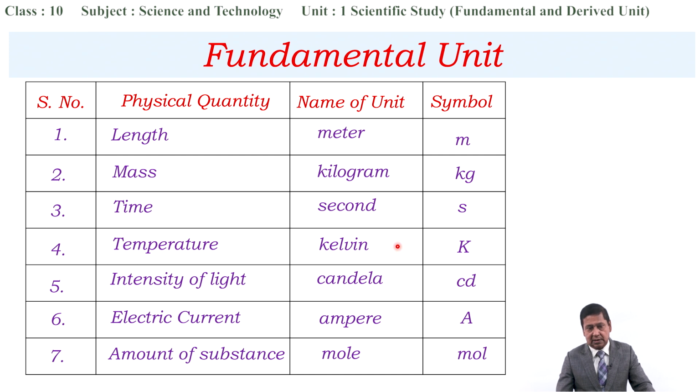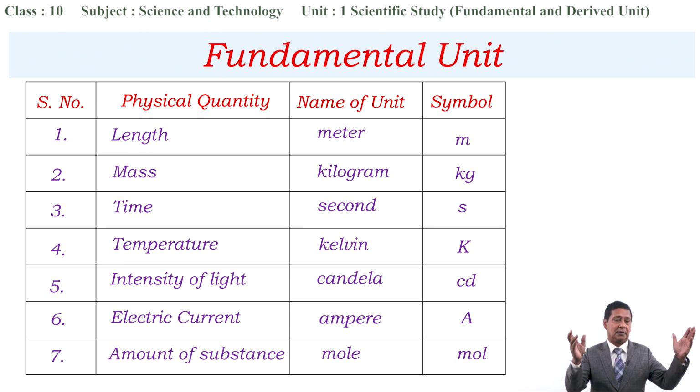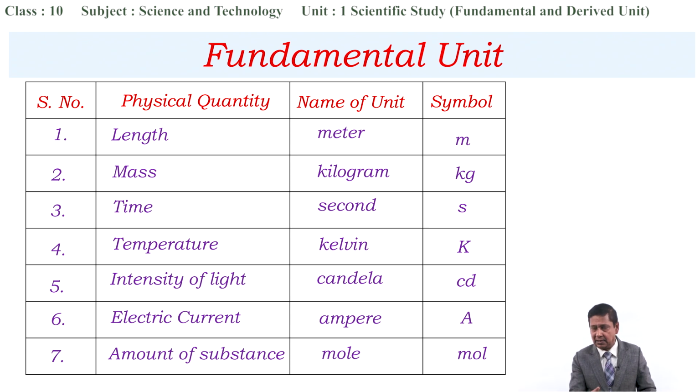These are the 7 fundamental units which we use in the study of science. These 7 fundamental units are enough to express any other unit. All the other derived units are derived from these 7 fundamental units. We have to remember this.